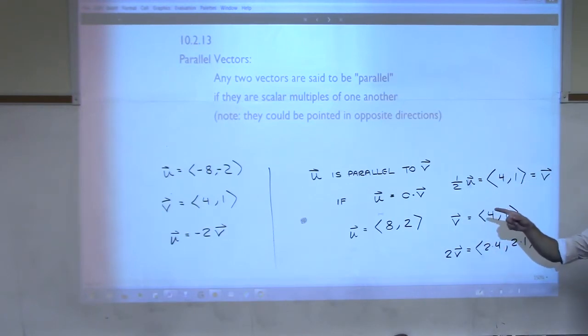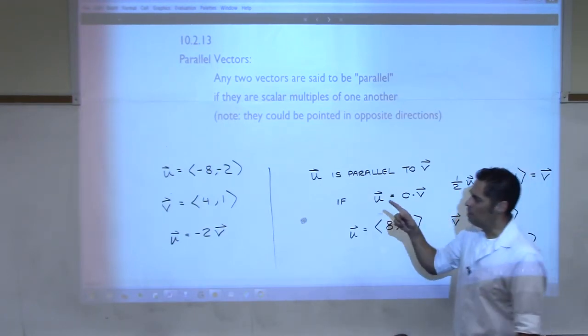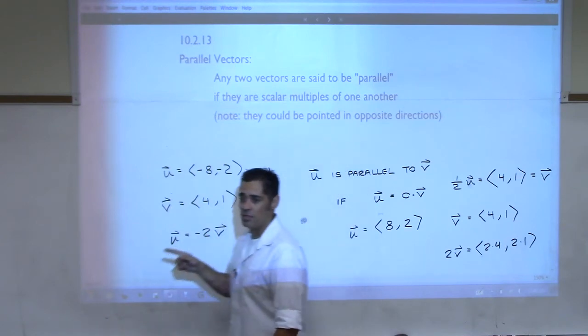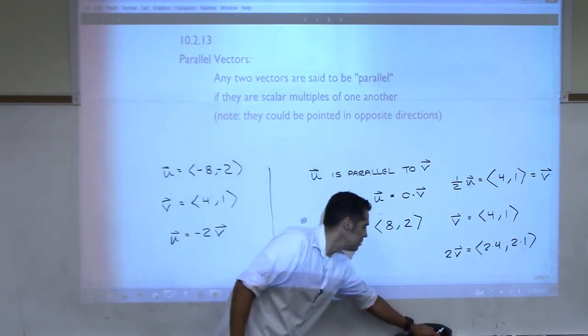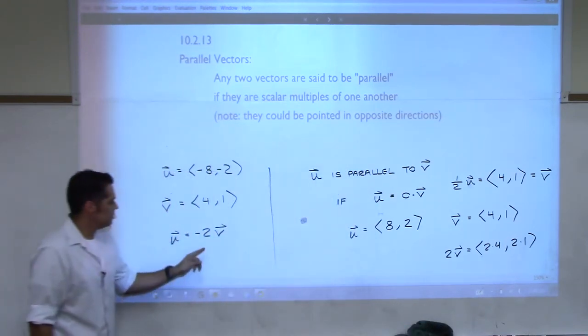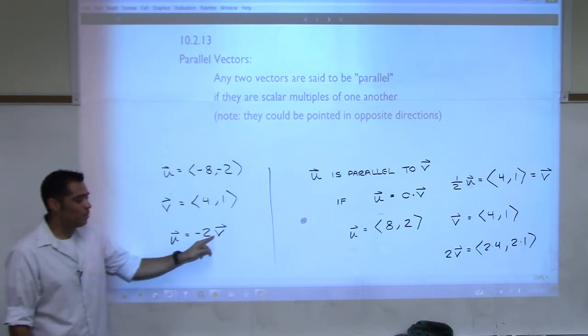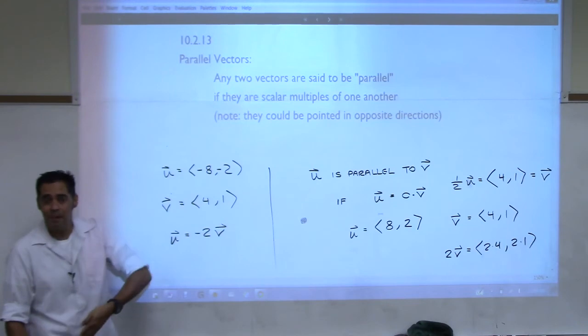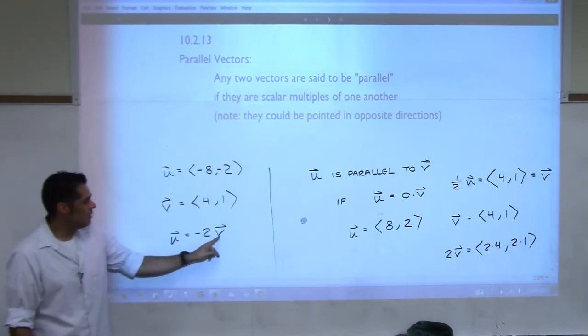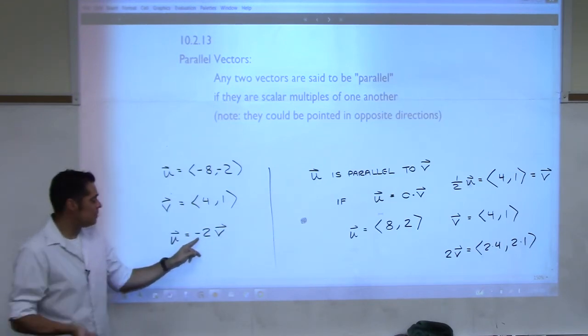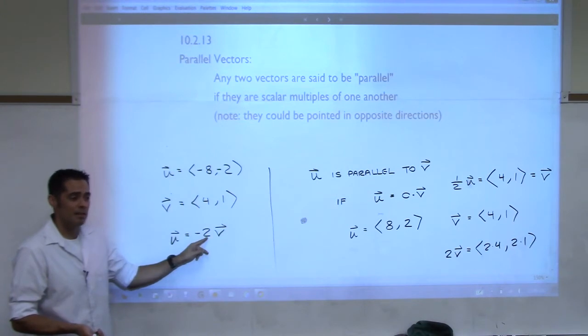Are these pointed in the same direction? No, they are not. They're pointed in opposite directions. How do you know? We just said that if you take a vector V and you multiply it by a negative, it points it in the opposite direction, right? So we're multiplying V by a negative, which points it in the opposite direction, and we're doubling its length.